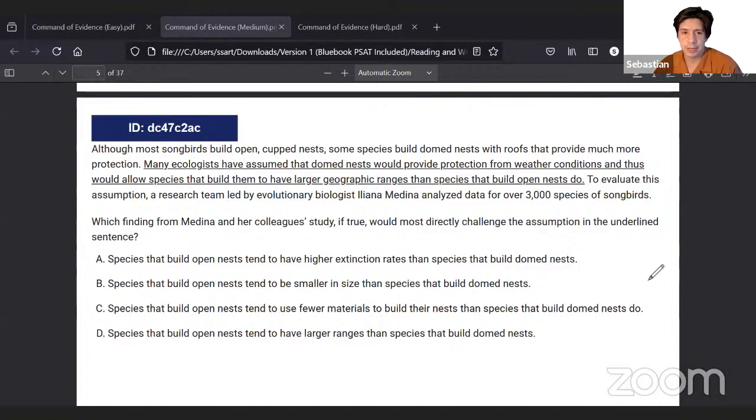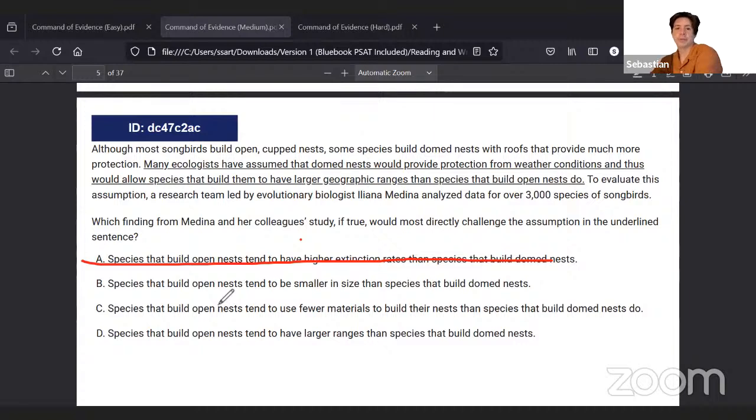All right, so many ecologists, well, that's the one I think, right? Because it says it would allow the species that build them to have larger geographic ranges than the species that build domed nests. So that goes against what they're saying. So it should be D. And we can just check it quickly, right? Species that build open nests, again, we said that goes against what they're saying, or that supports them, and we're trying to go against them.